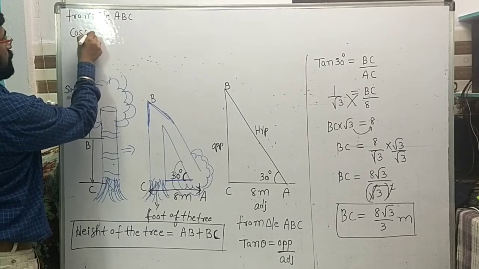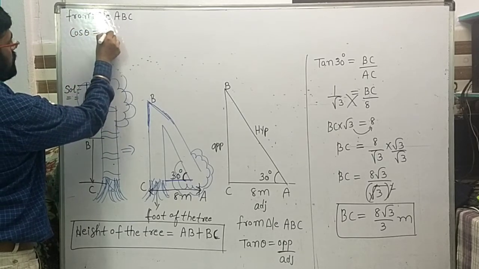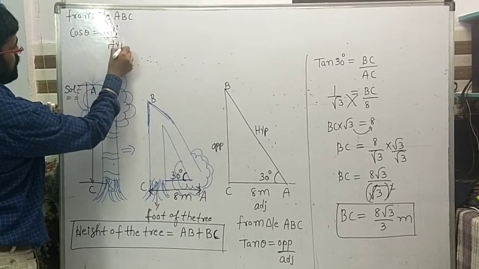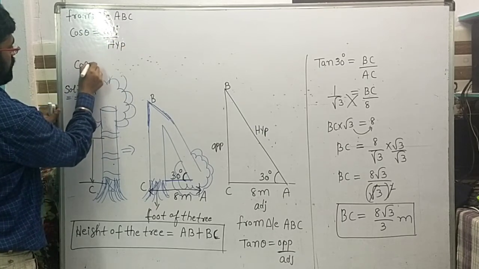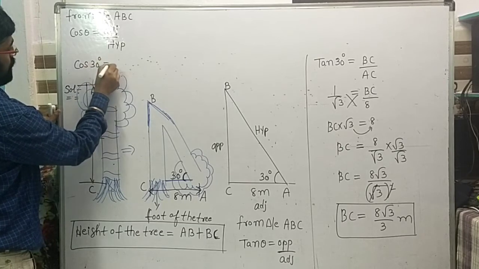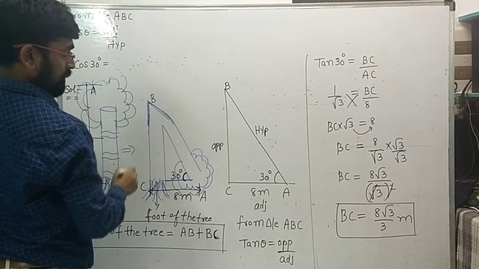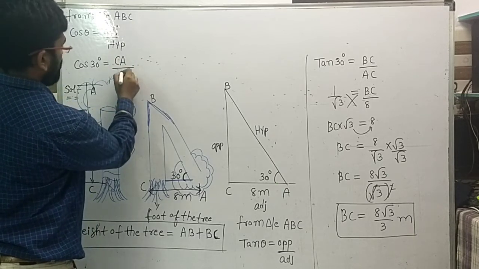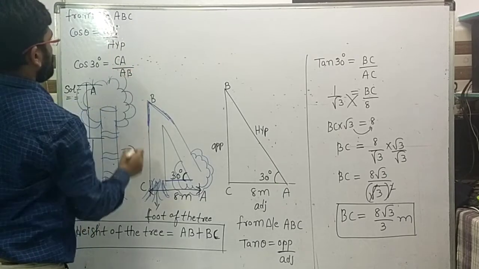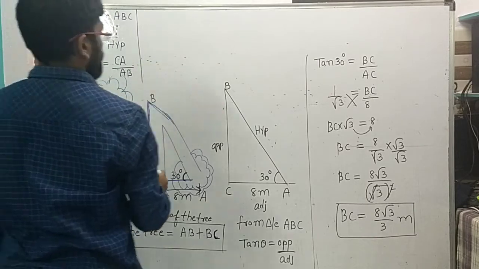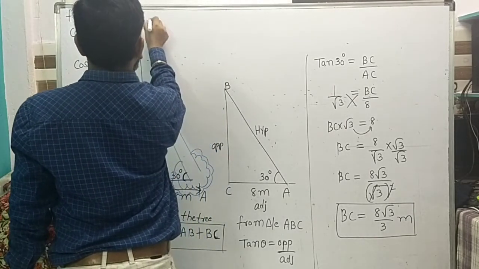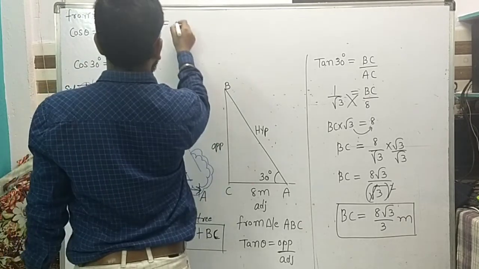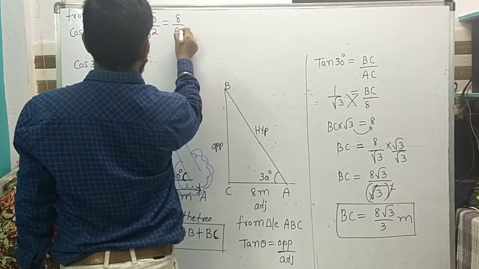Cos theta equals adjacent by hypotenuse. So cos 30 degrees equals adjacent CA by hypotenuse AB. What is the cos 30 value? Root 3 by 2. Cos 30 value equals CA, which is 8, by AB.